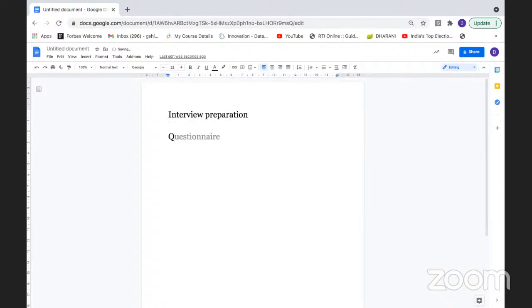Okay, we'll go with some random questions here. So first to begin with, how do you treat heteroskedasticity in regression?